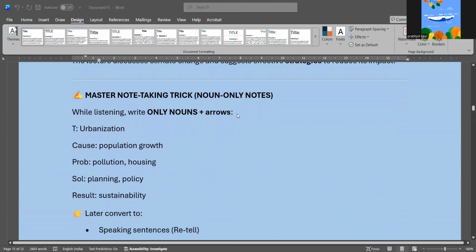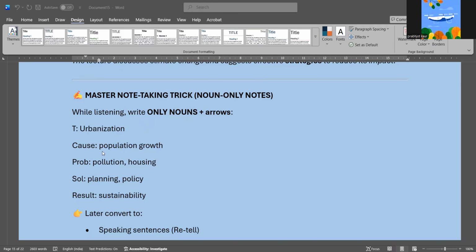So here are the noun-only notes: urbanization; cause: pollution and growth; problem: pollution and housing; solution: planning and policy; and result: sustainability. So the main topic is urbanization, and what is the cause? Pollution and growth.